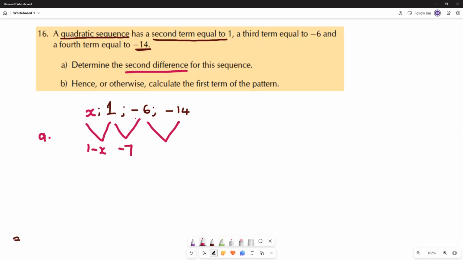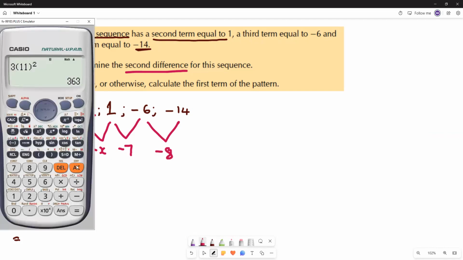Then -14 minus -6 will give you -8, I think. Let's confirm that. We take -14 and subtract -6 in bracket. That gives us -8. Okay, that's fine.